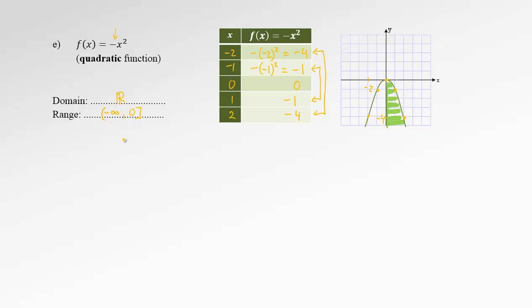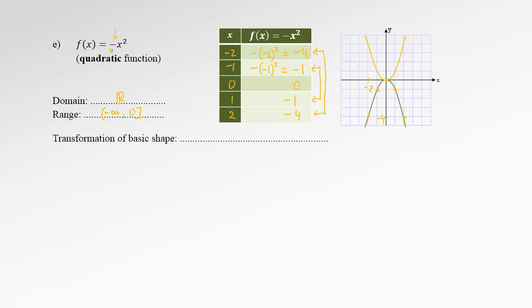That's our range. Now, let's look for a second at how this graph relates to the basic parabola. Here's the basic parabola. So how can we obtain the green graph from the orange graph? Well, if we flip the orange graph over the x-axis, we will get exactly the green graph.